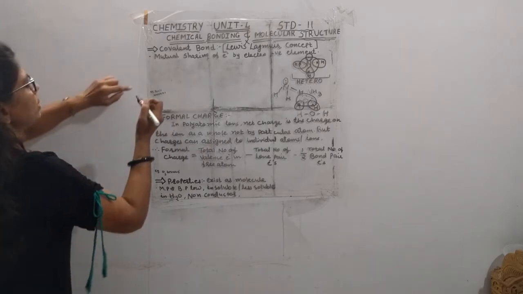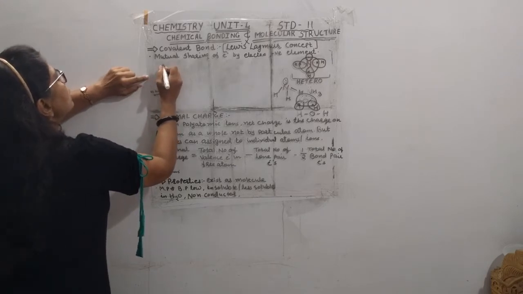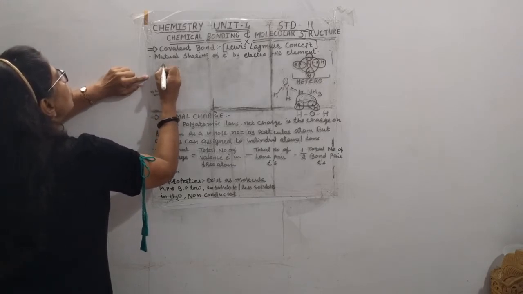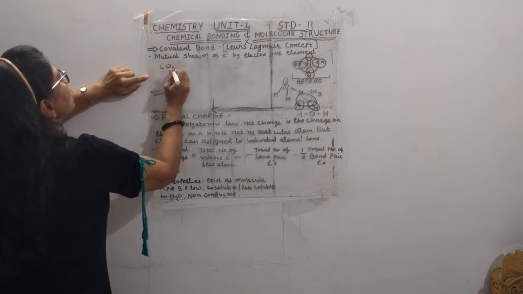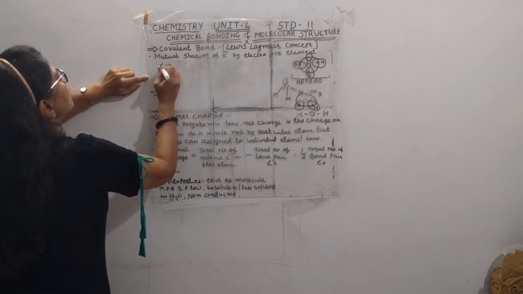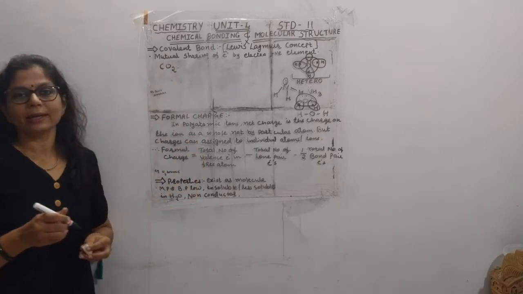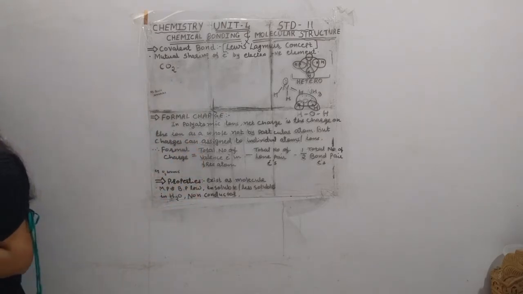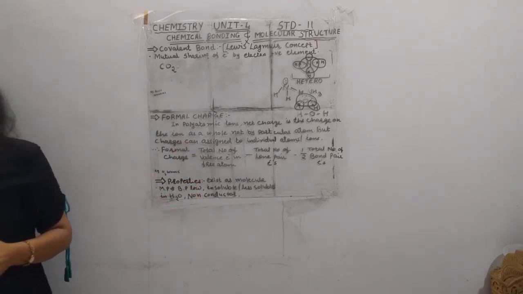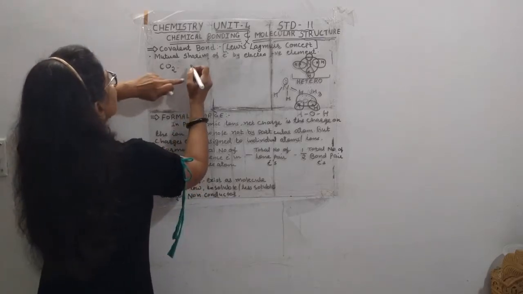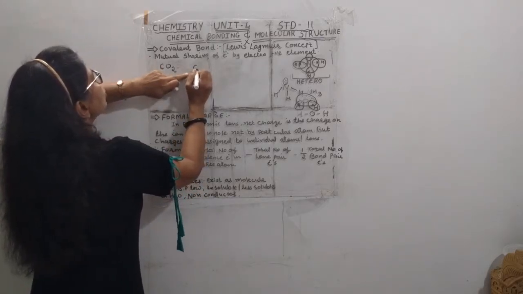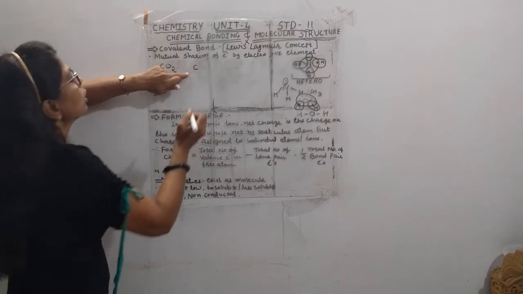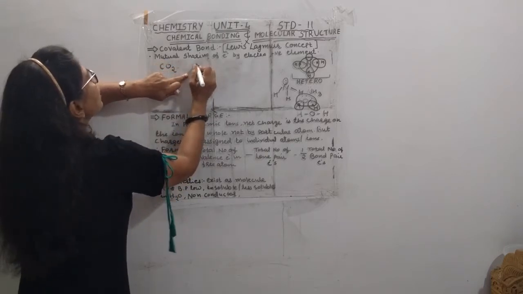So now just we'll draw the Lewis structure for CO2. So here we'll take the central atom as C, carbon as a central atom, and as you know the carbon is having the 4 number of valence electrons. So first of all we draw the 4 valence electron for carbon.